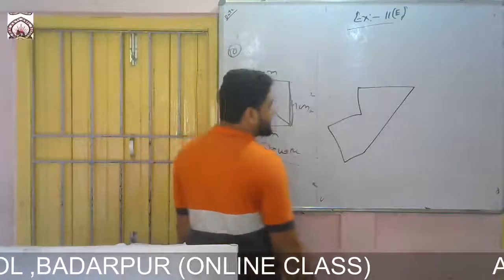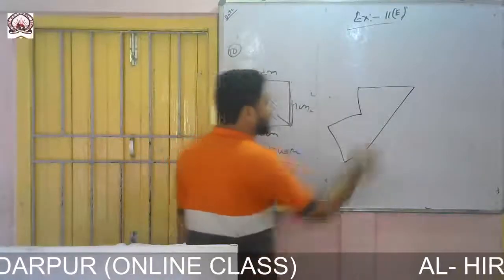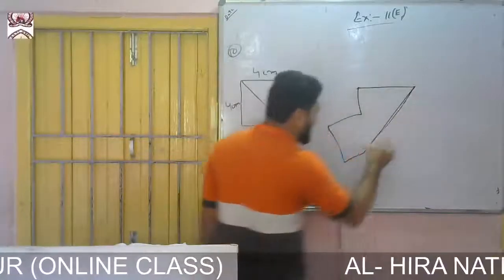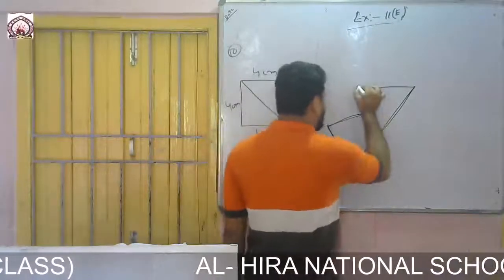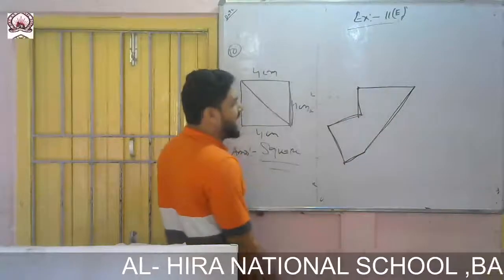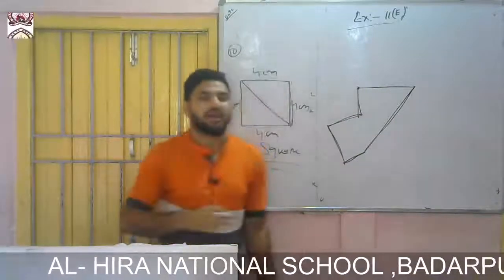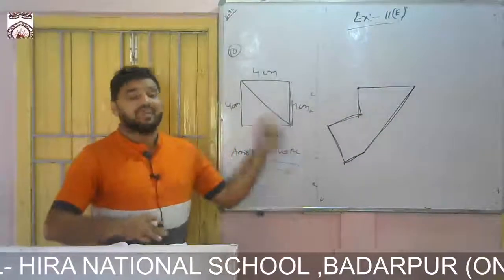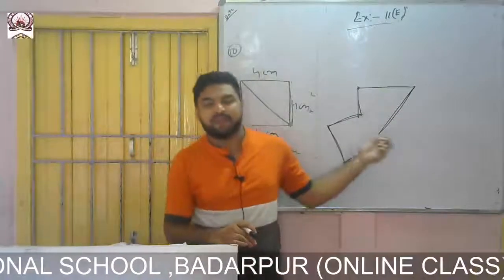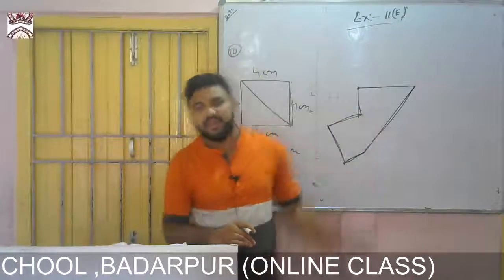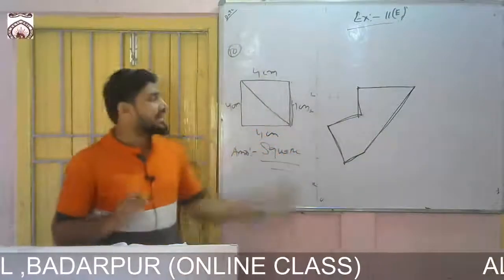If I draw like this, then it is a polygon. Why? Because this one is a line segment, this one also, and this one also. There is no curve in the figure. If the sides of the figure are made up of line segments, then it is a polygon.